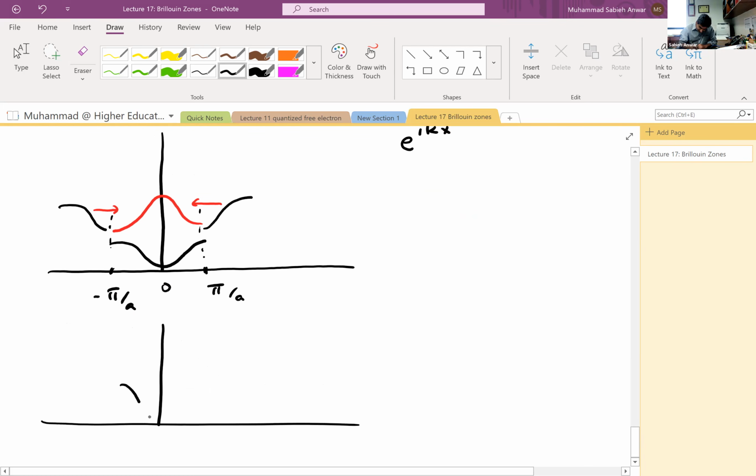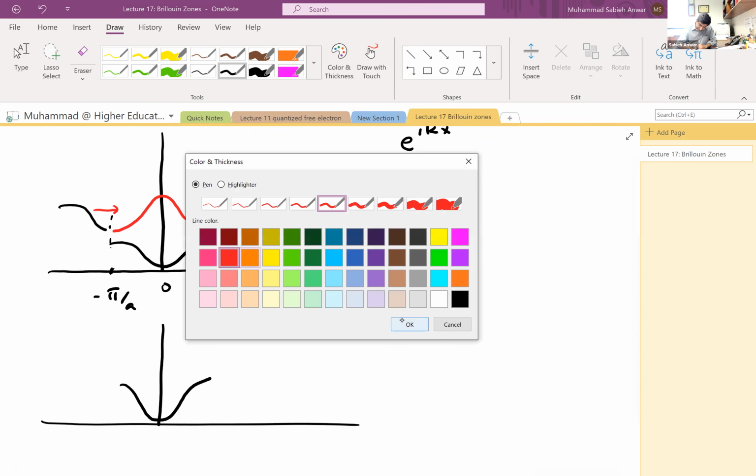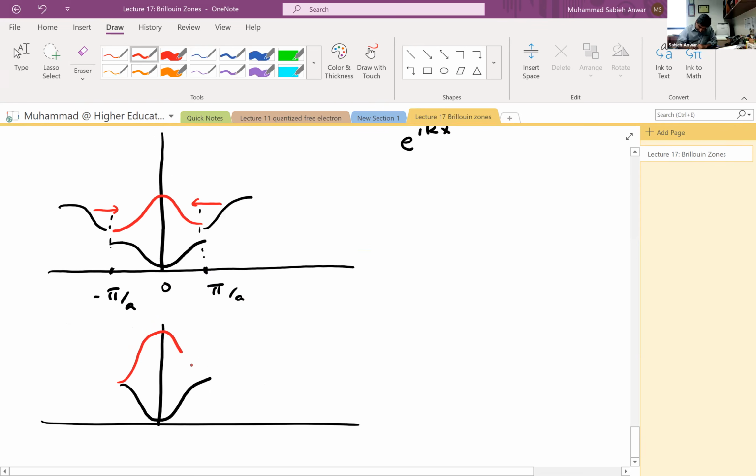The bands are going to be touching there. Without a periodic potential, of course, there is no gap. It's just a free electron. So this is what the band structure is going to look like. The bands are going to touch here at the zone boundaries.